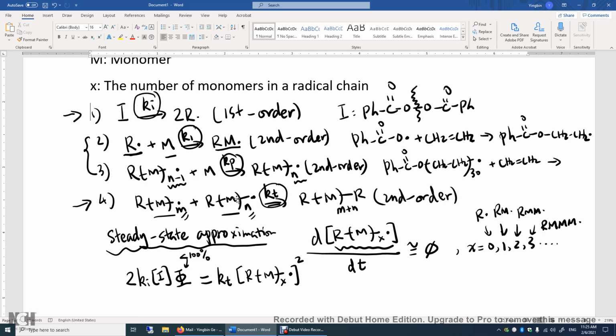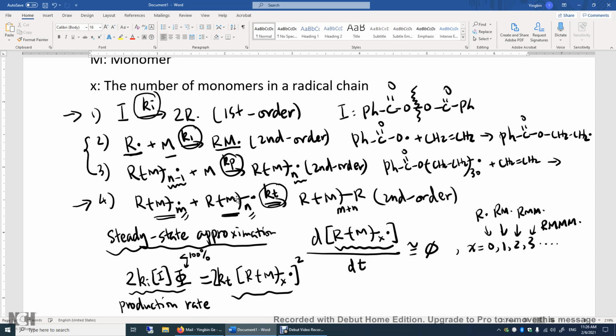But also don't forget, in one termination reaction, two radicals are annihilated at the same time or consumed at the same time. So you have a number 2 here. So this is the reaction originates from the steady state approximation. So over here, this is the production rate of the radicals.